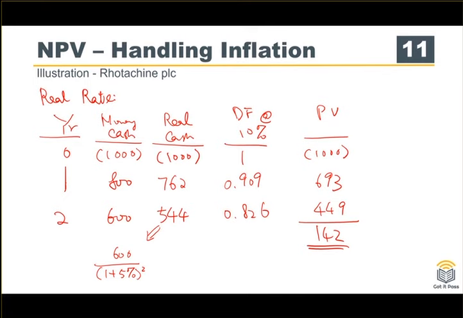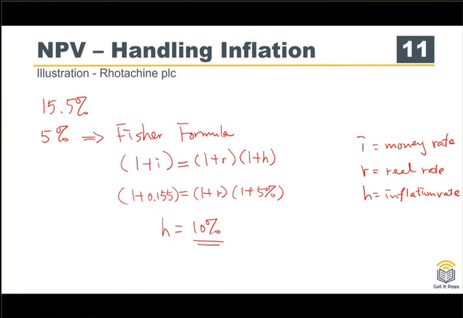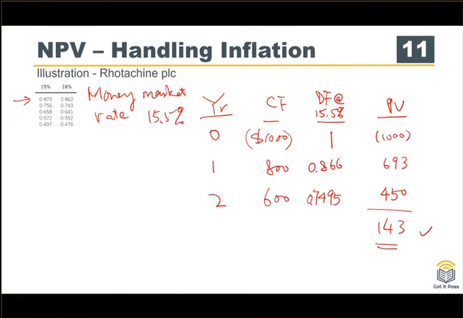I think it's fine. So you can see for the real rate, you found 142 or 143, which is very similar to what we did in the money market rate at 15.5%. So this illustration shows that if you adopt the money market rate 15.5%, you need not convert all cash flow into real terms.